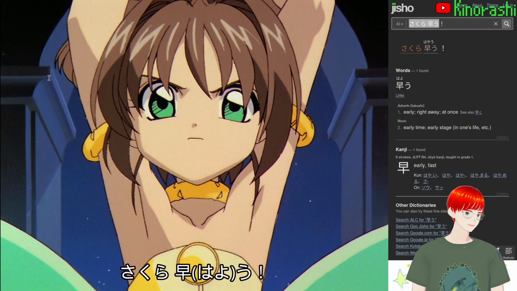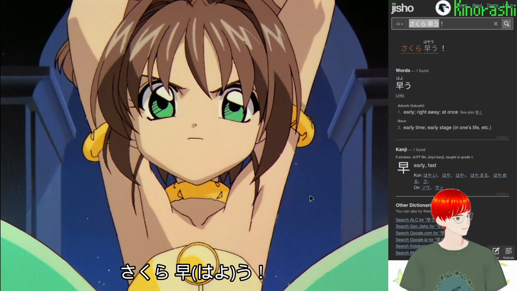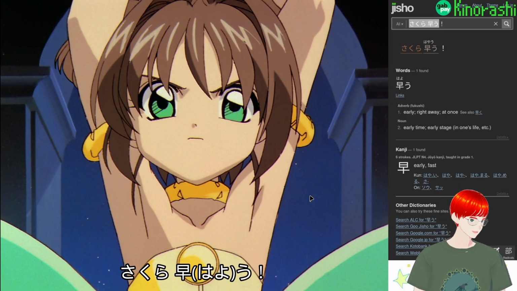Hayo is indeed a Kansai dialect variant of the standard Japanese adverb hayaku, meaning quickly or soon. It is not a distinct grammatical particle, but rather a regional phonetic contraction, where the ku in standard Japanese is shortened to u or ou in the Kansai region, specifically Osaka, Kyoto, and Hyogo.